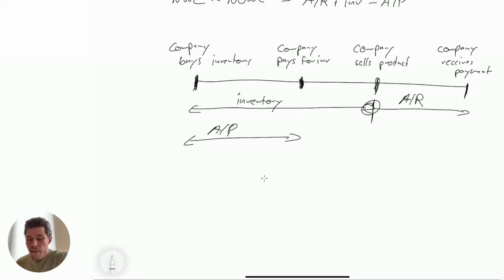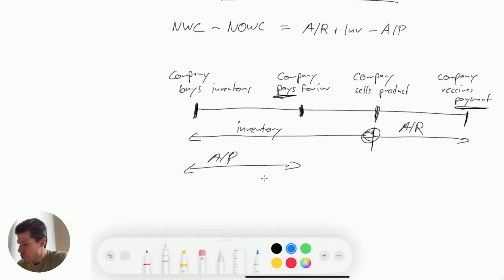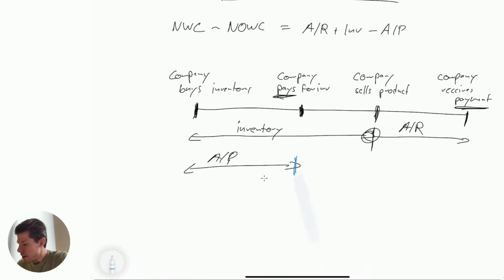Now, very important, if we look at the cash conversion cycle: cash goes out when the company pays, and cash comes in when the company receives payment. So our cash conversion cycle is this one.